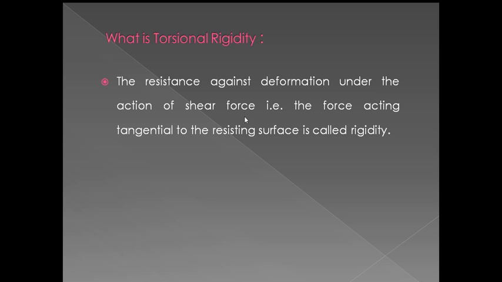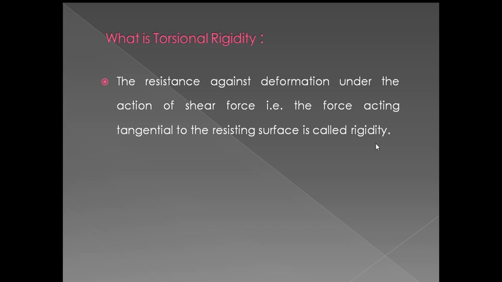When there is a shear force, there is an equivalent opposite reaction from the part. That resistance is called rigidity. When you apply any force, the part itself opposes the deformation caused by that load, and that resistive force is called rigidity.